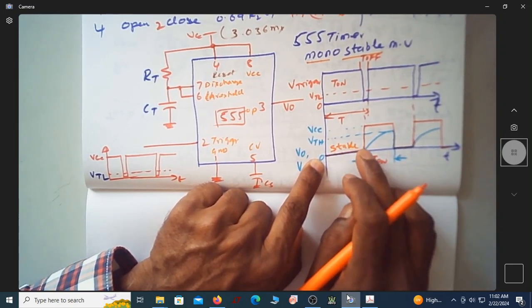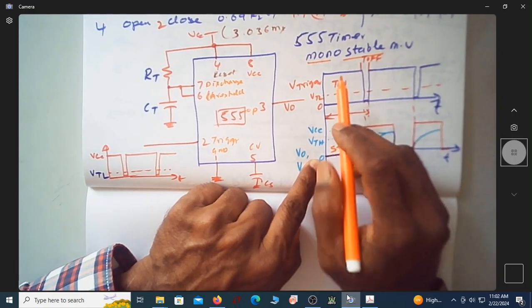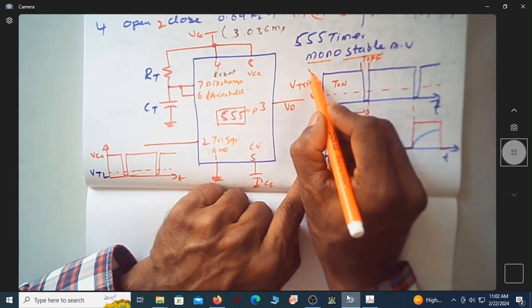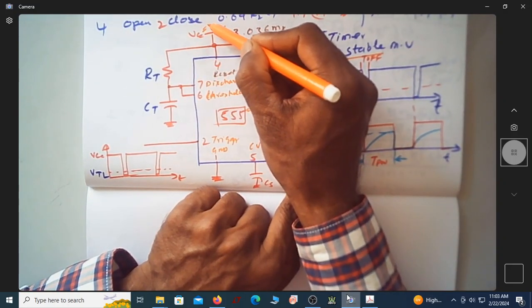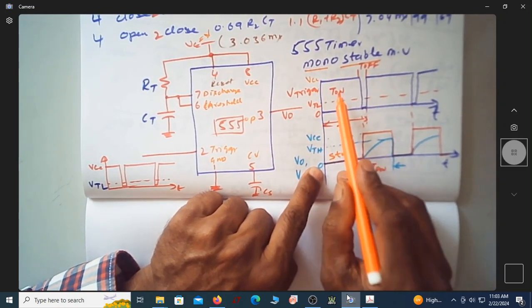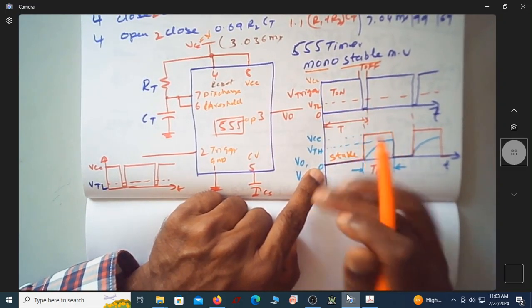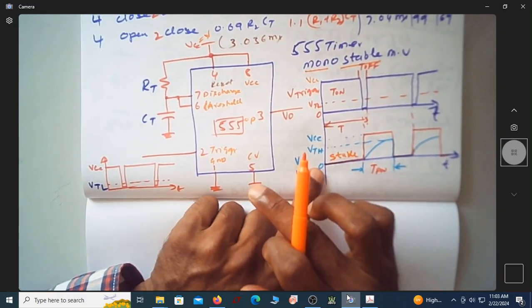Suppose there is a trigger signal which is more than VTL. Now you can see there is a trigger signal at amplitude VCC, which is maybe 5 volt or whatever. Let us take this as 5 volt. If this trigger signal is 5 volts, it means you have not applied any trigger. When do we say this monostable is triggered?